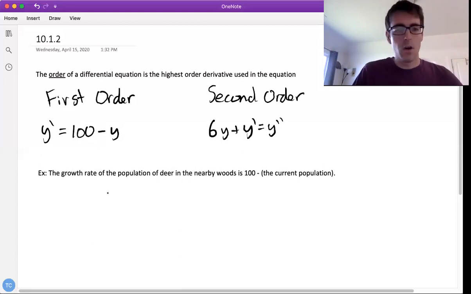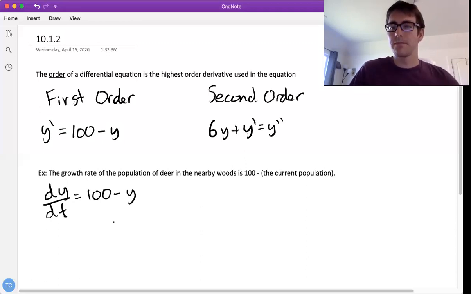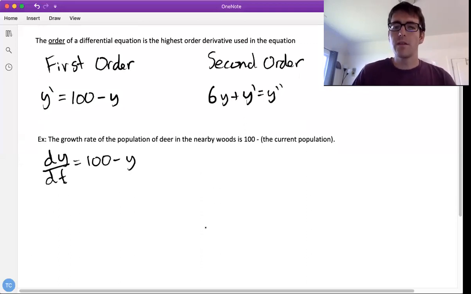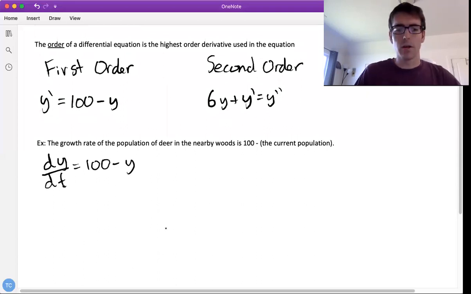In other words, it's the same differential equation, but I'm going to write it as if y is our population: the change in population over the change in time is 100 minus that population. Again, we're going to talk more in a little bit about how we can solve this, but I wanted to point out what solutions look like.